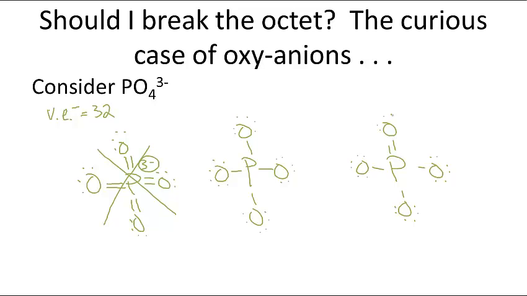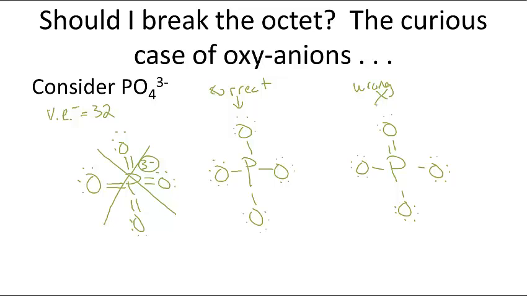However, more and more data is showing that the correct one is this, and that this is not supported by data. Now, why have textbooks done this forever then? Normally, the first rule of drawing Lewis structures is you want to minimize formal charge.